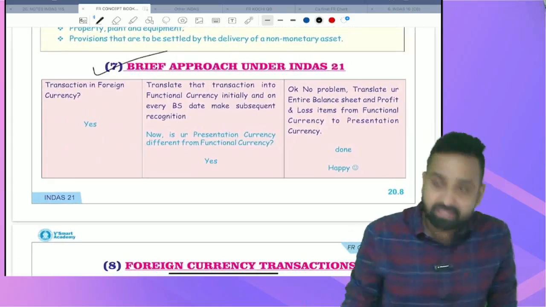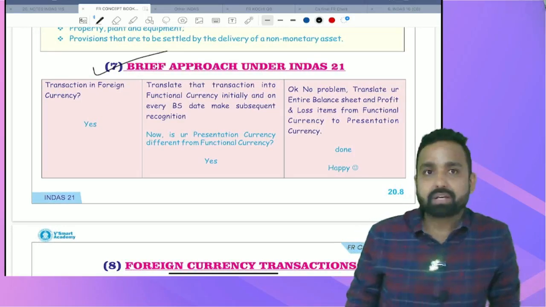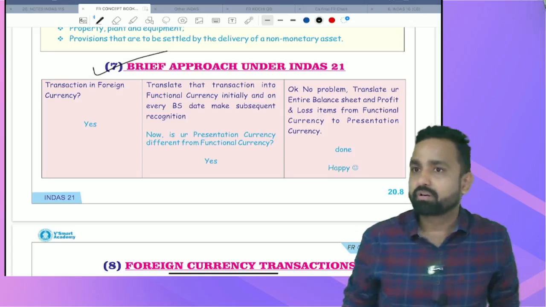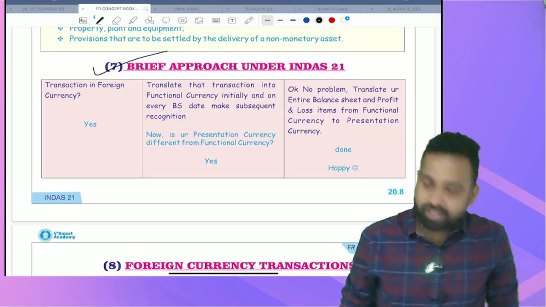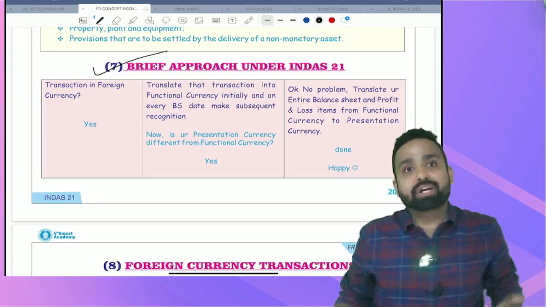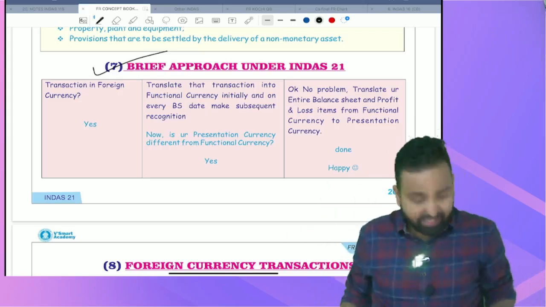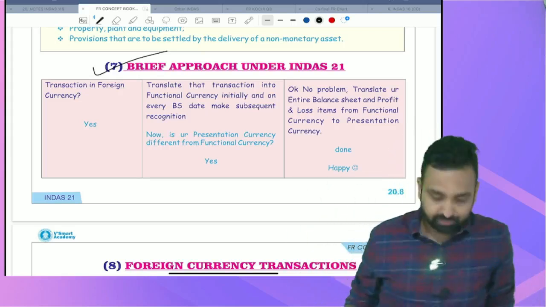Let's come to point number 7. Can you please read this loudly? Brief approach under Ind AS 21. Now, first column. It's a question. Ind AS asks us, is the transaction in foreign currency? Yes.